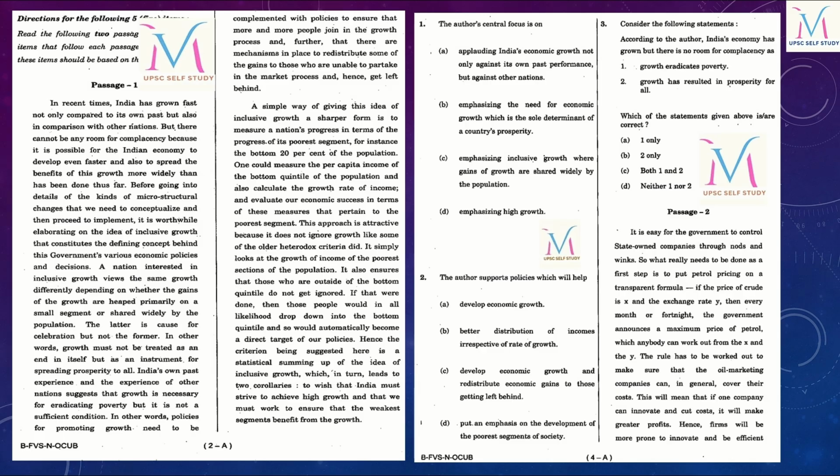Option B, emphasizing the need for economic growth, which is the sole determinant of the country's prosperity. Option C, emphasizing inclusive growth, where gains of growth are shared widely by the population, emphasizing the high growth.